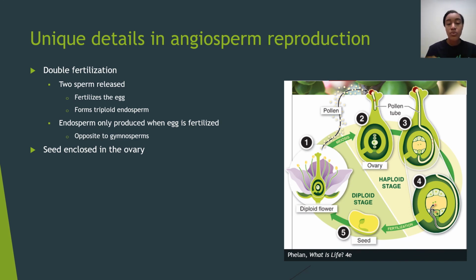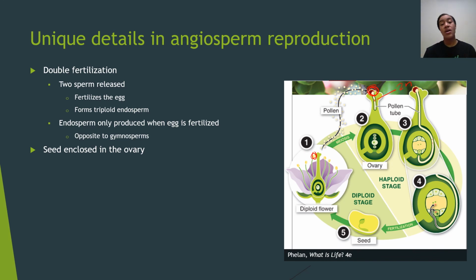So going through some of the process of double fertilization, we start with pollen grains that are derived from the anther of one plant. They will travel via wind, water, or pollinators to the stigma of another plant, and it will become stuck to that sticky stigma. Once it's stuck, a pollen tube will begin to form, and it will release a single diploid cell.